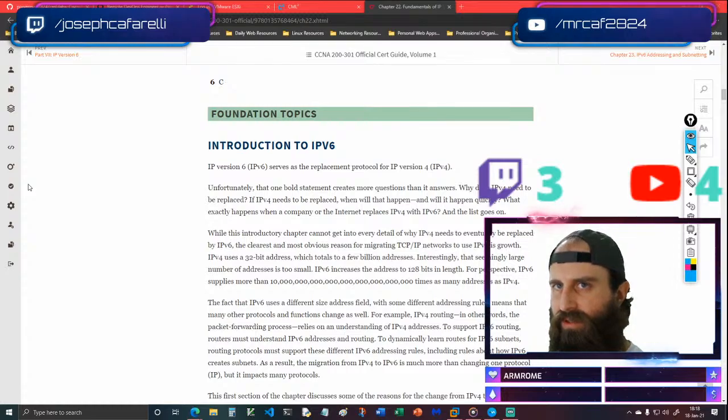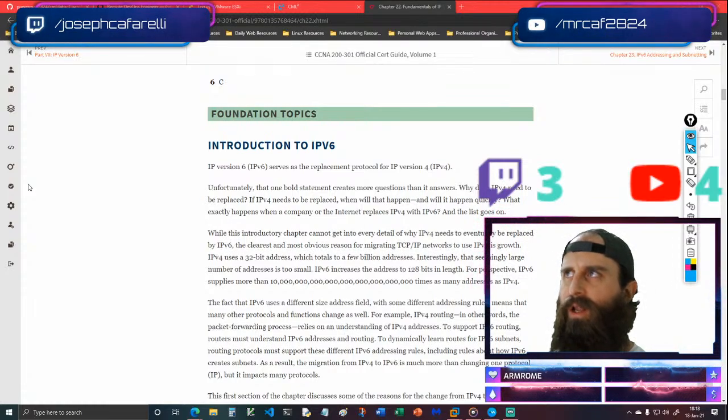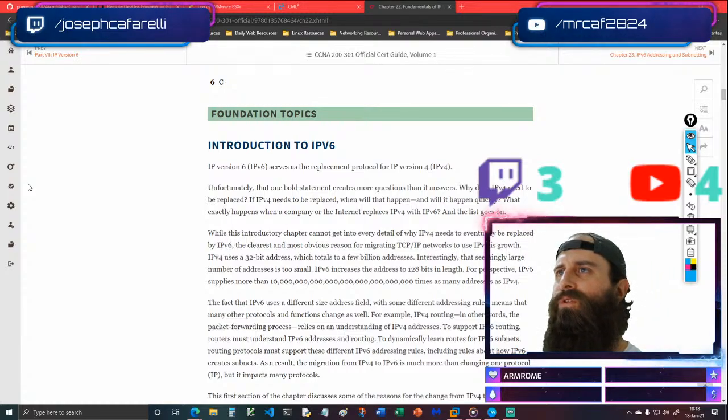IPv4 will still exist. I can pretty much guarantee that IP version 4 will always be around, at least in the private domain, for the simplest reason: it's just easier to use IPv4. It's easier to wrap your brain around IP version 4 than to deal with a 128-bit IP version 6 address.